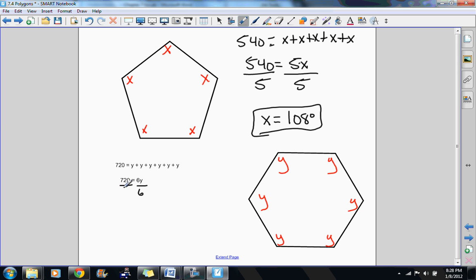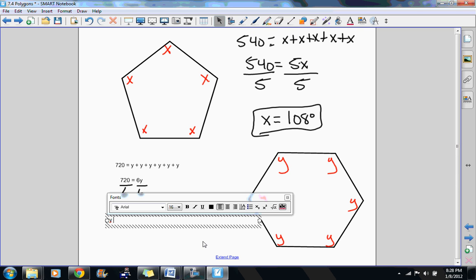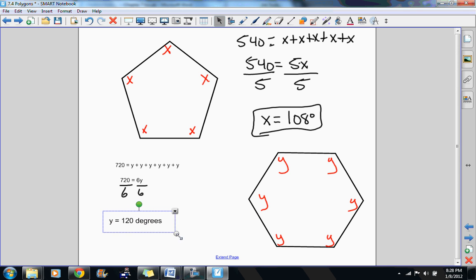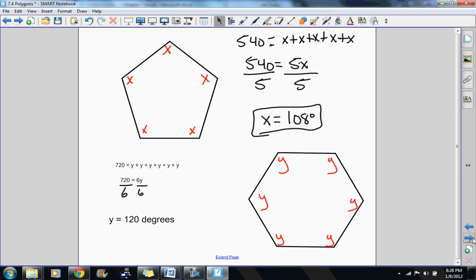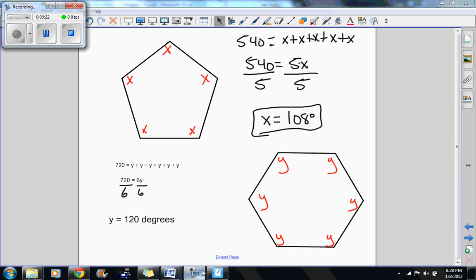Divide by 6, and I will divide by 6. So then I figured out that my y is going to be equal to 120 degrees. And there we go. That's our answer. 120 degrees. Alrighty? So that means that this is a regular hexagon.